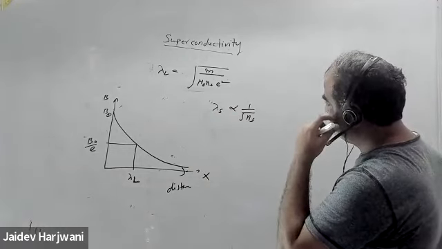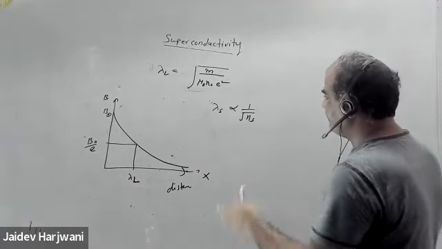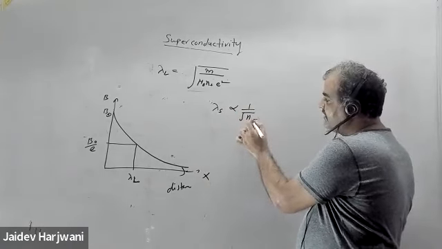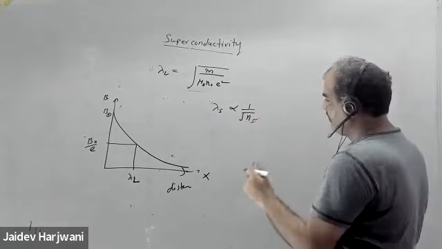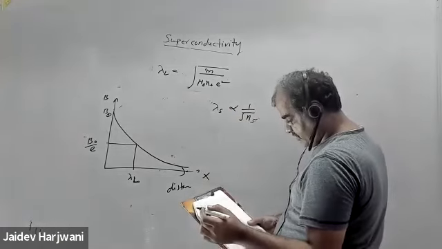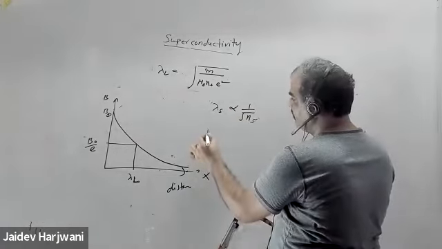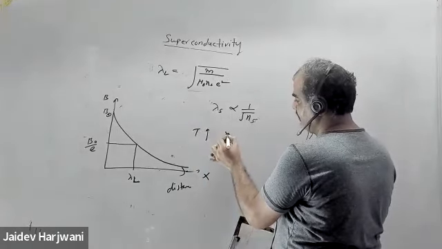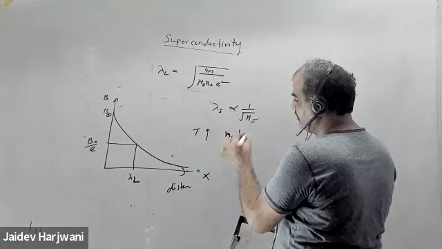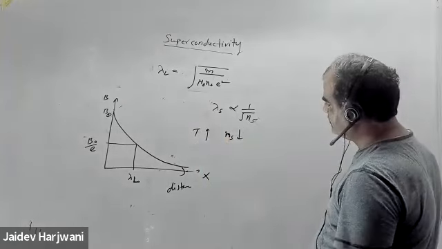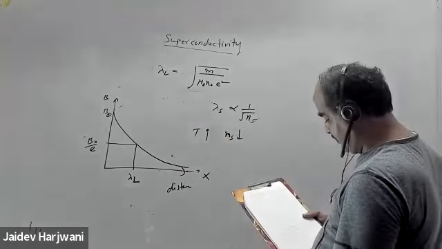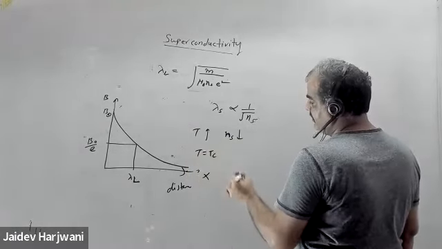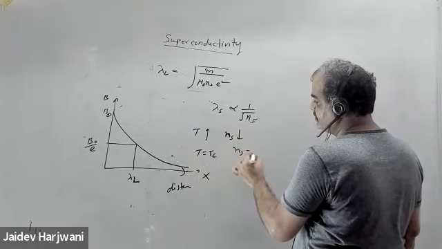Now what will happen if you increase the temperature? If you increase the temperature, this ns will decrease. If T goes high, your ns will go down, and if T equals Tc, your ns is equal to 0.